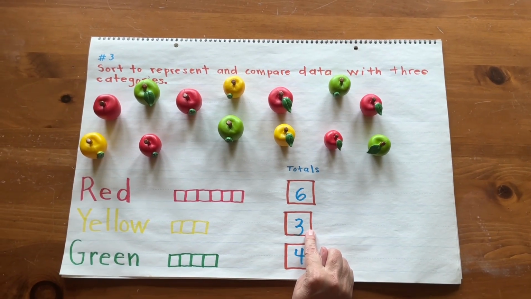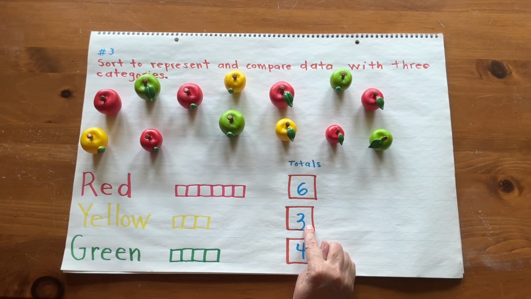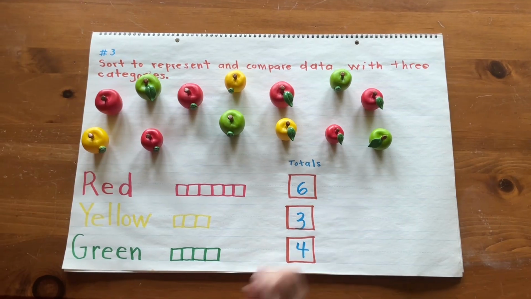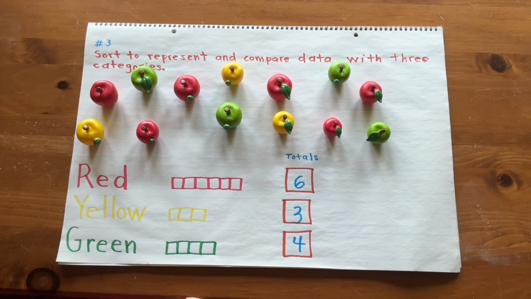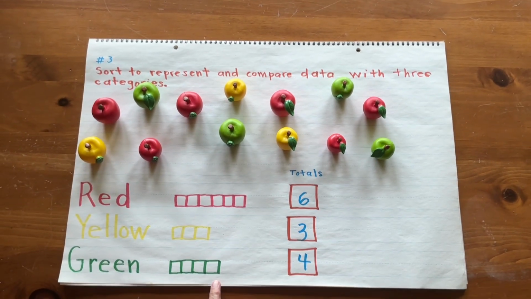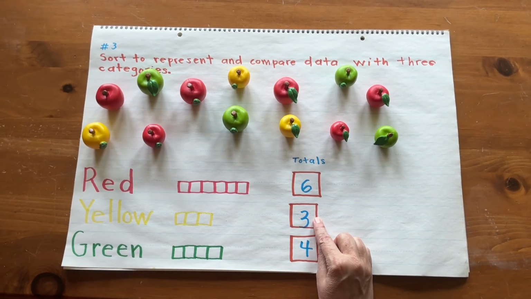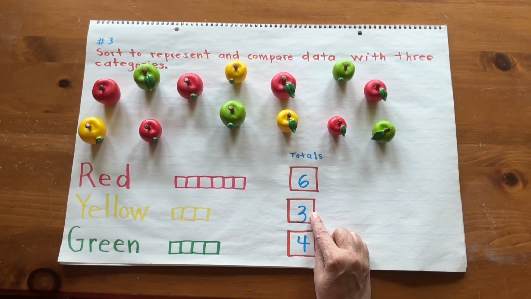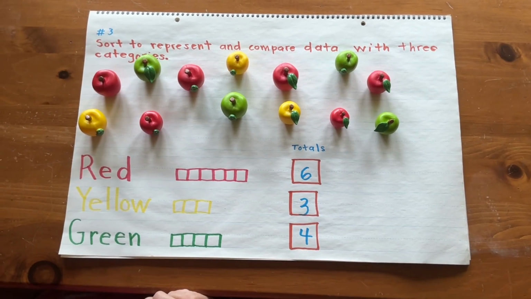So that's a new word for us, greater. 3 is less than 6. And we can do the same with green. 4 is greater than 3. 4 is less than 6.